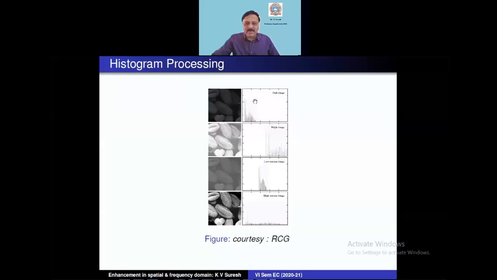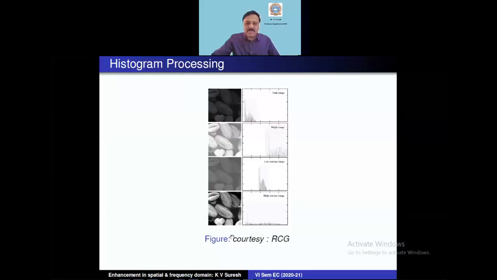If I am given a histogram of this nature, I should immediately think that it is of a dark image. This is of a bright image because the pixels are crowded towards the brighter region of the gray level. If it covers only a narrow region in the histogram plot, it is a low contrast image. If it covers the entire range of the gray level values, then we call it a high contrast image.